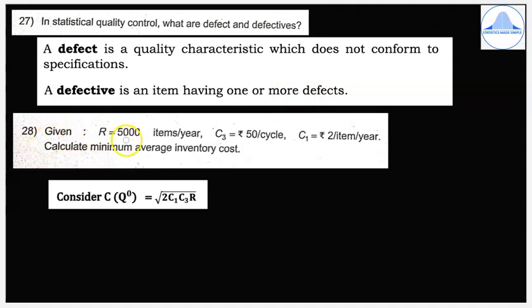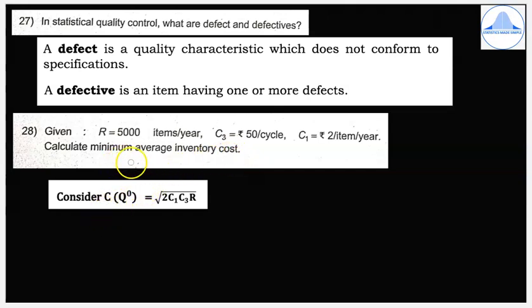28th question. Given R is equal to 5000 items per year, C3 is rupees 50 per cycle, C1 is rupees 2 per item per year. Calculate the minimum average inventory cost. So this is model 1.